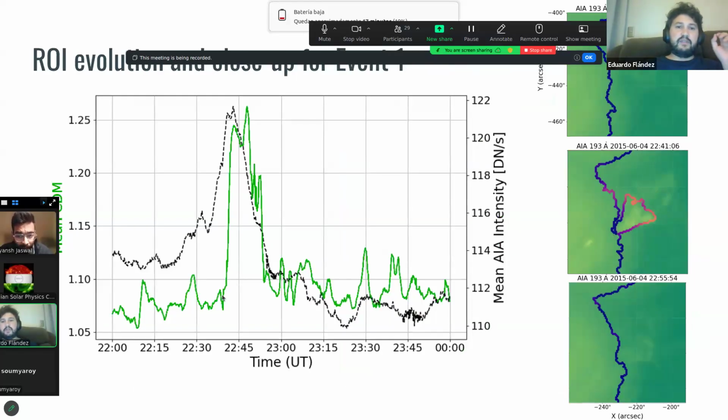When you identify this, you can find, for example, increases in the brightness curve in the black, and then we find increases in the green line. So this is the fractal curve. Green is the fractal dimension and black is the intensity. So we can see that there is sensitivity of this method to the physical process.